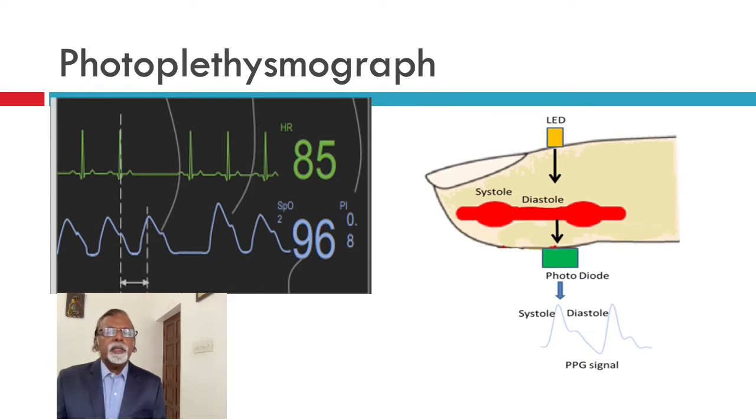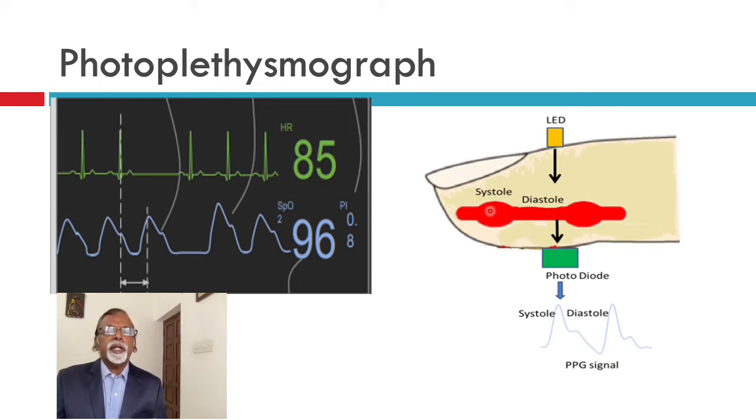Below the percentage of oxygen, you can see a wave like this. This is called a photoplethysmograph, or PPG. So what is happening? In the pulse oximeter there is a source of light, and there is a sensor which absorbs the light.